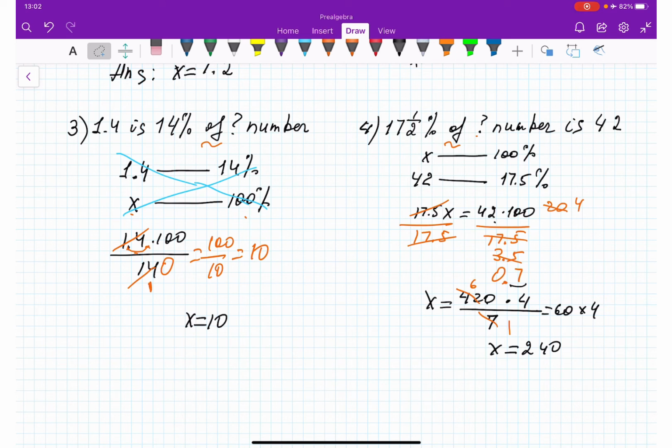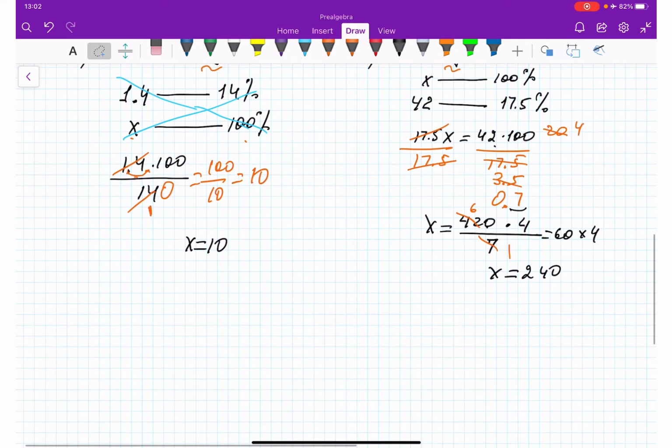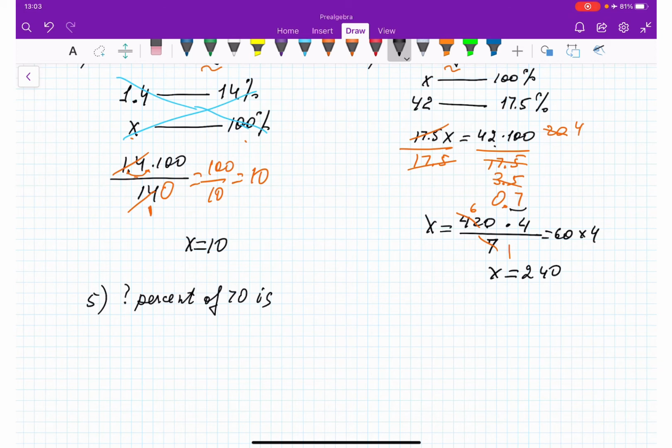Question number 5. What percent of 70 is 84? What percent? Well, I can put just this sign. Question mark percent of 70 is 84.